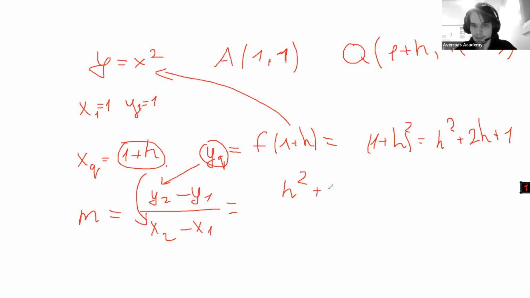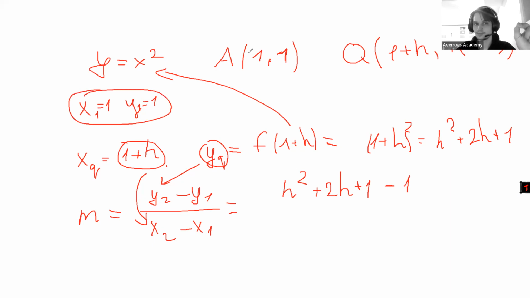So it's going to be h squared plus 2h plus 1 minus 1. This is the point that we are looking into. We are looking into the tangent line at this point, point A. And the denominator is going to be 1 plus h minus 1, right?